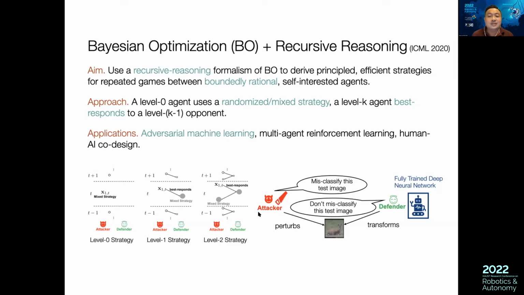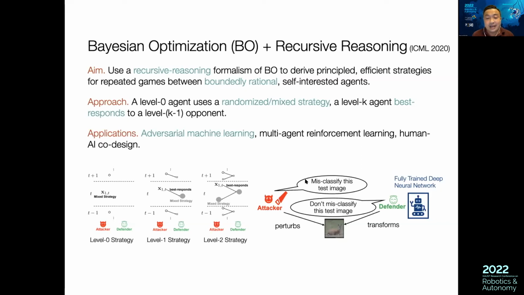And you can imagine this attacker and defender playing a game, where the attacker tries to compromise the validation accuracy while the defender tries to maintain or preserve its original validation accuracy. What's interesting, of course, is that because of this game, the attacker thinks that there is a defender who is trying to defend against it, and the defender can also think that there is an attacker trying to attack it.